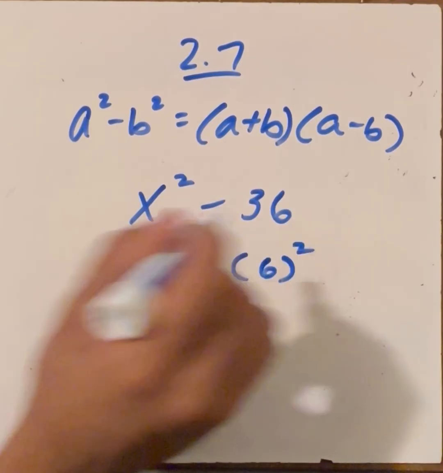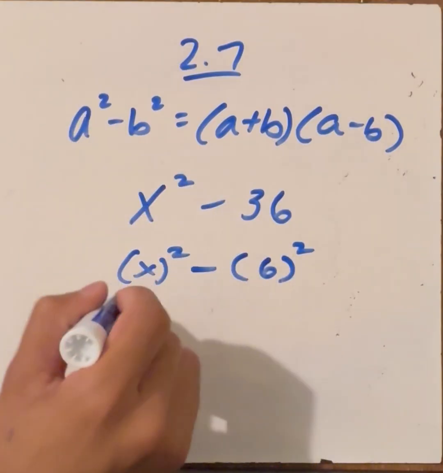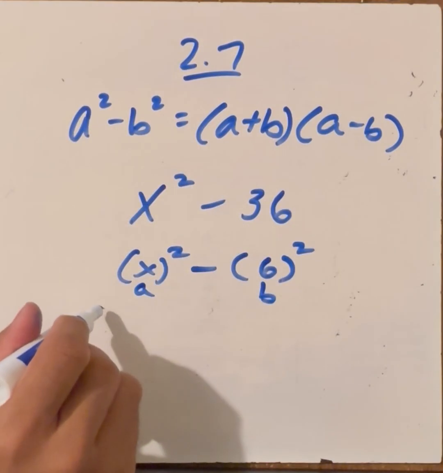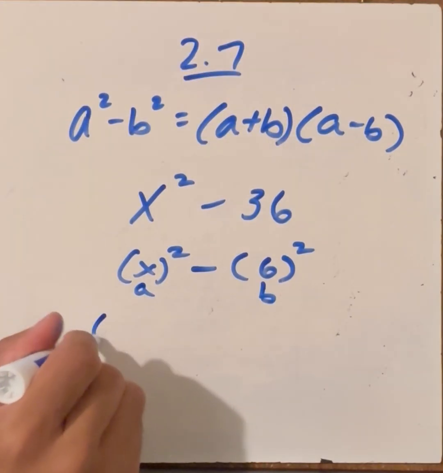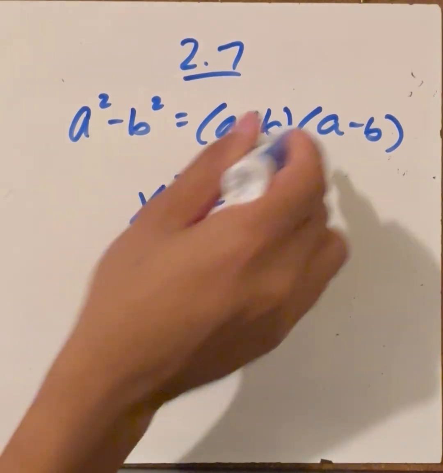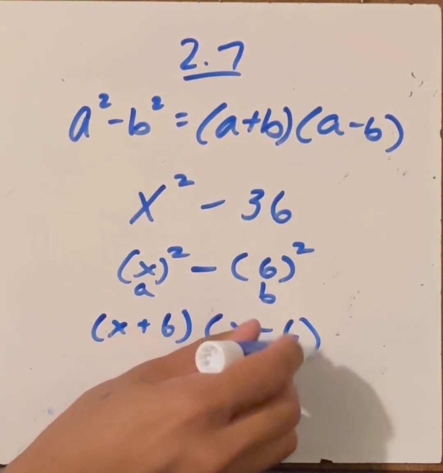So now we have a squared minus b squared in this form. Our a is x and our b is 6. So it would be a plus b, which is x plus 6, and then a minus b, which is x minus 6.